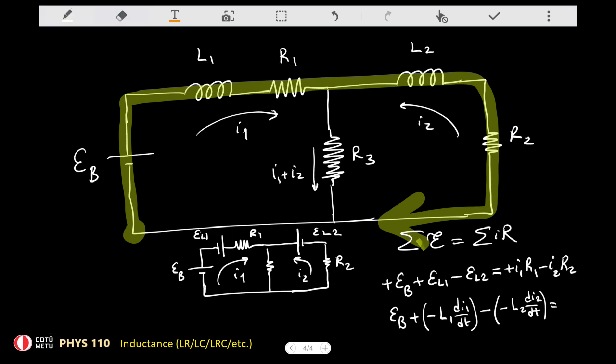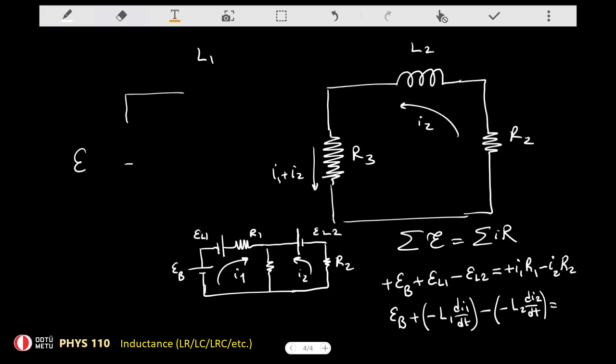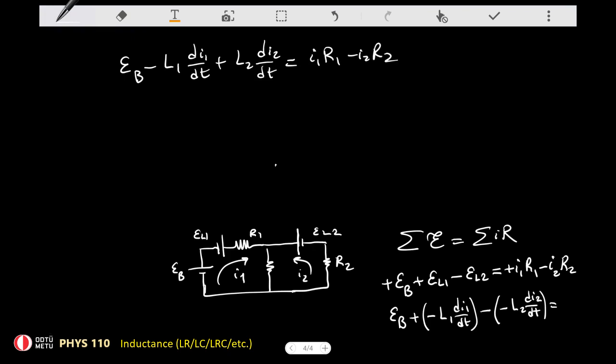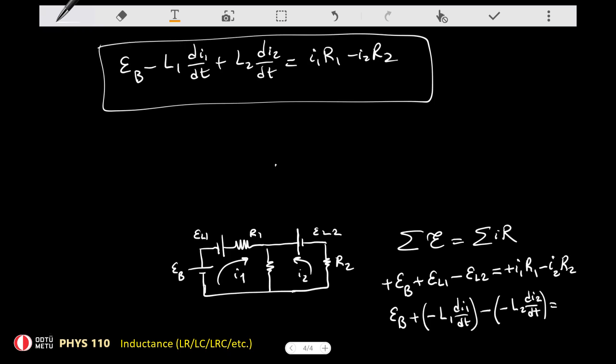So unfortunately, I'm going to erase something. Let's just erase the original circuit. So in that case, what I get would be EB minus L1 di1 over dt plus L2 di2 over dt, that's equal to I1 R1 minus I2 R2. That's our equation for that circuit.